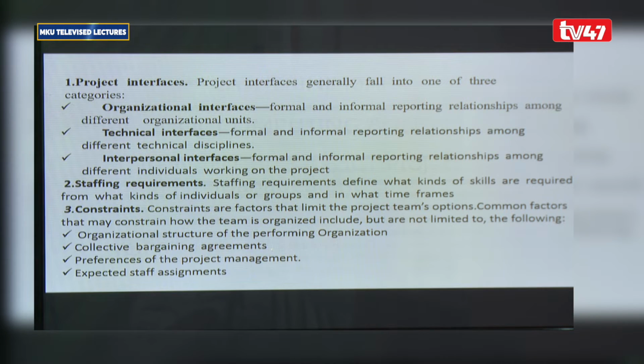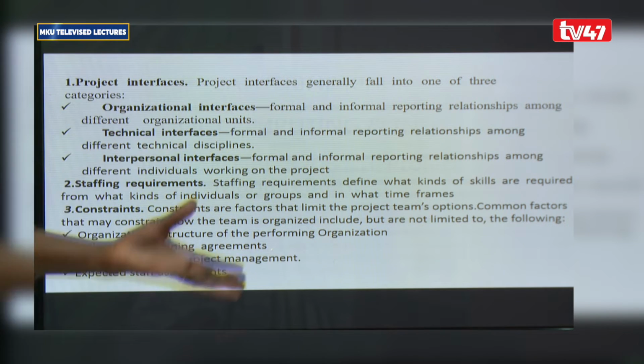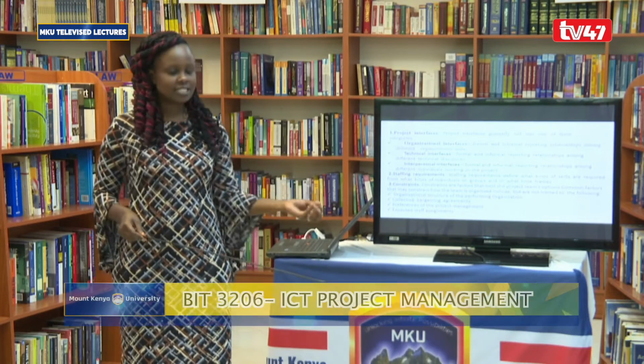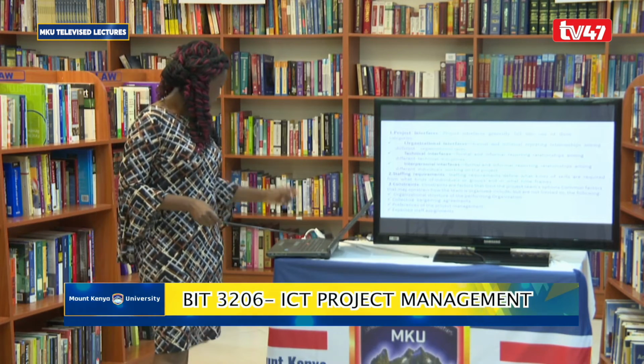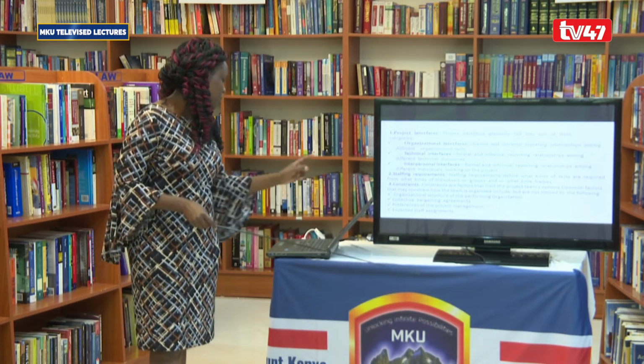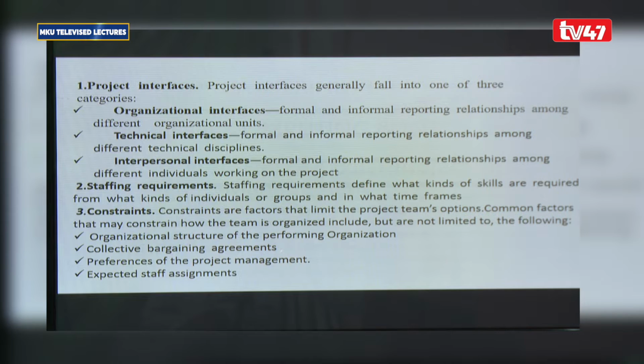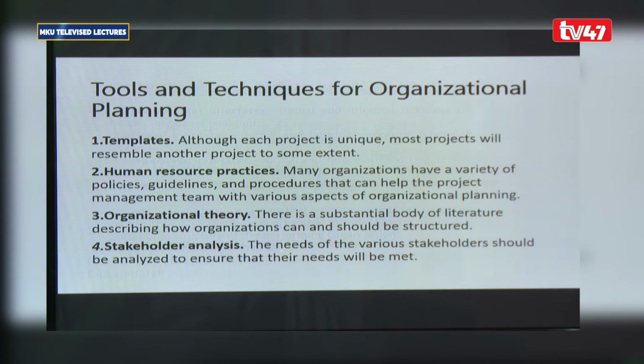If you are a project manager and have worked on another project previously, and the team was a success, you wouldn't mind working on a similar project with the same team. So the three inputs to organizational planning are project interface, staffing requirements, and project constraints.